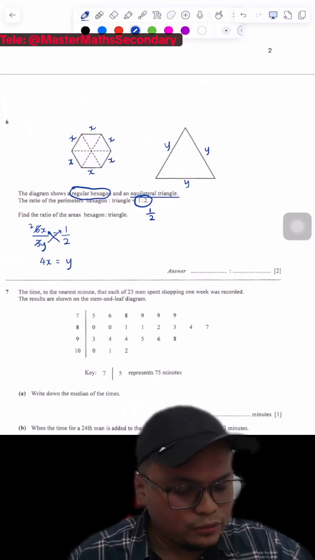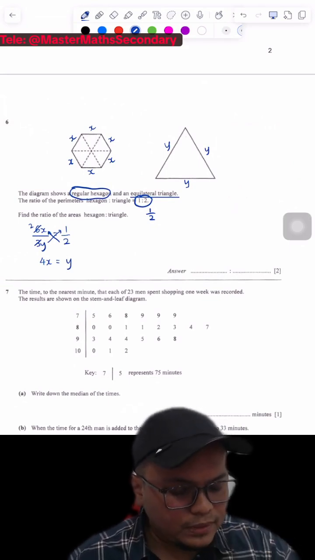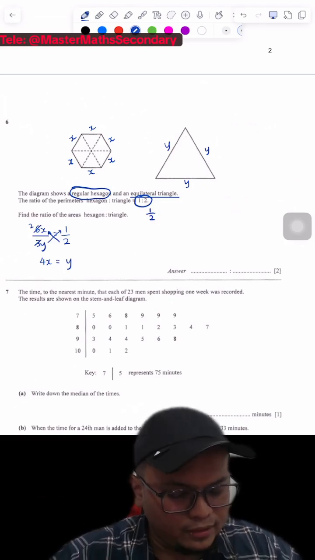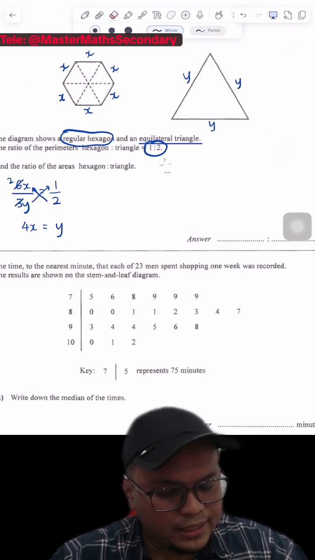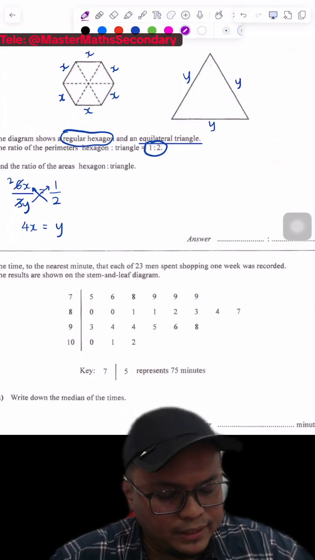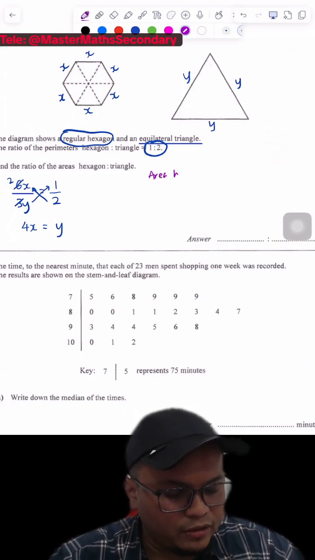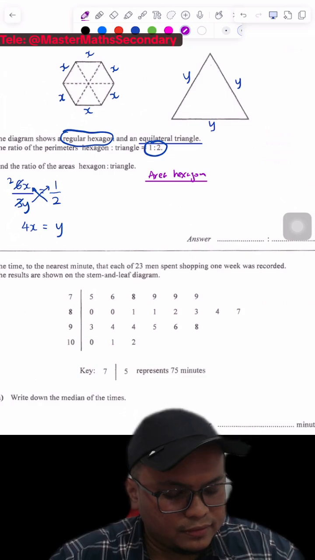To find the ratio of the area, the hexagon over the triangle, I'll write it in fraction format as well. Maybe let me use another color. So this purple one would be the ratio of the area: area of hexagon over area of triangle.